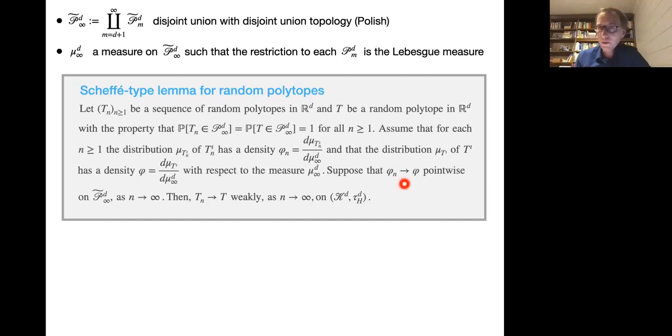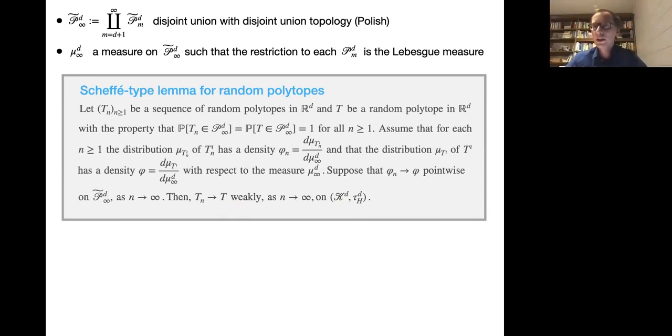And suppose that we have pointwise convergence of these densities. Then we have weak convergence of the random polytopes in the space of compact convex subsets with the Hausdorff topology. This is exactly what you know from convergence of random variables, but now the whole idea lifted to the space of polytopes.